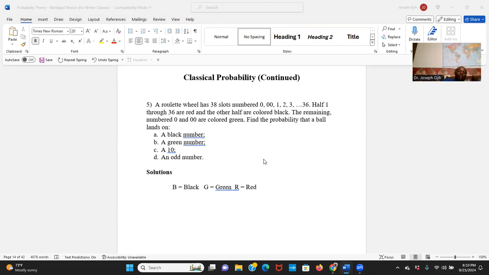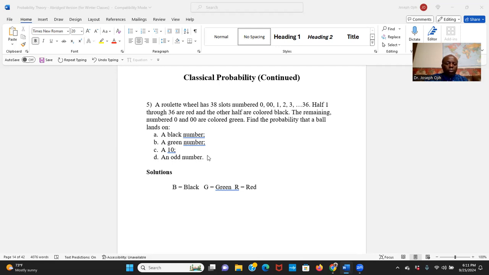The remaining ones, which are called 0 and 00, are colored green. Find the probability that a ball lands on A, a black number, B, a green number, C, a 10, and D, an odd number.